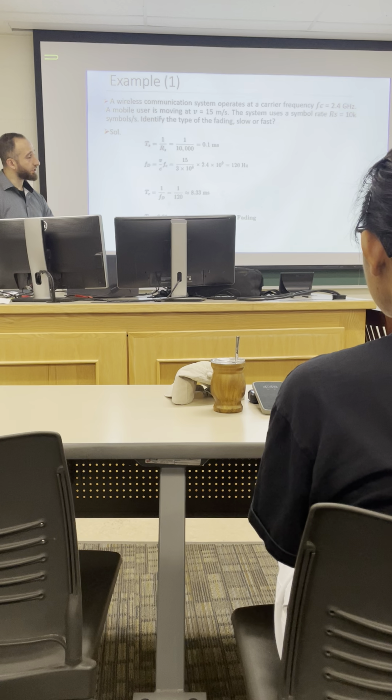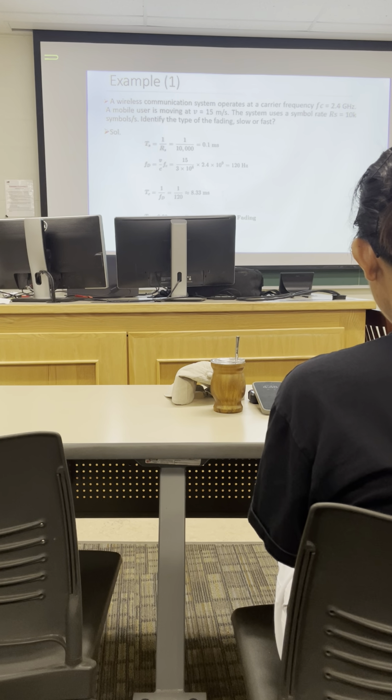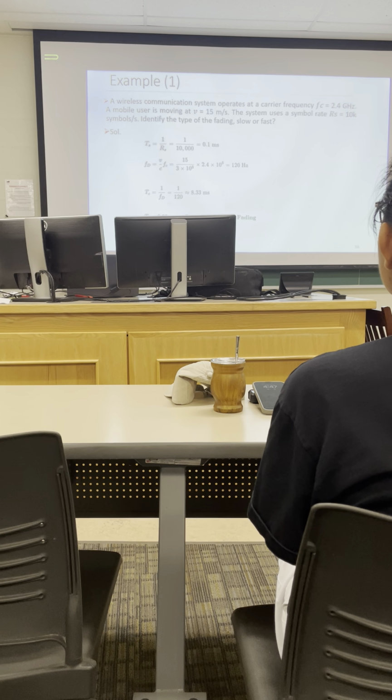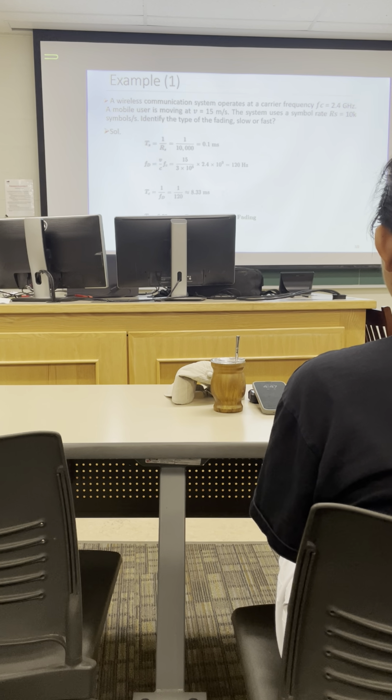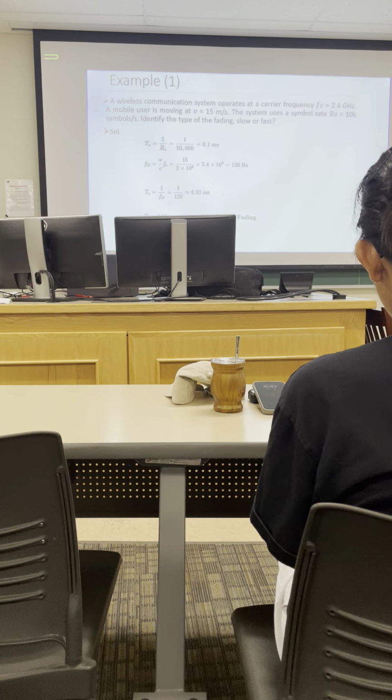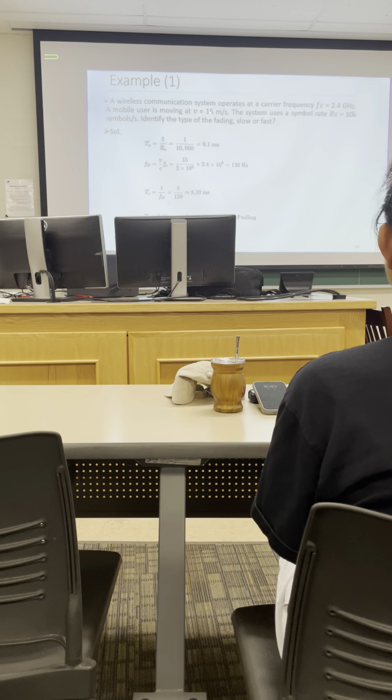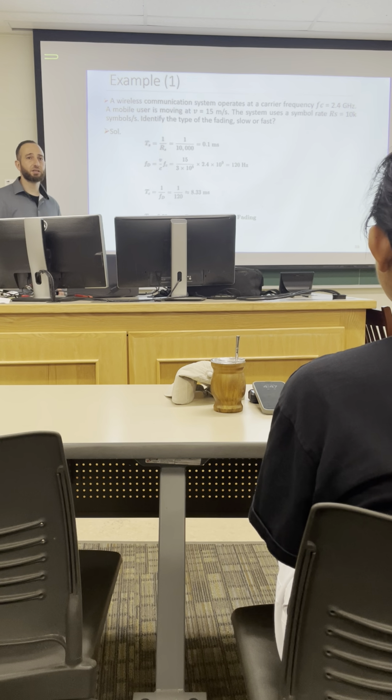Okay, so let's finish this lecture with the following two examples. I have a wireless communication system that operates at a carrier frequency of 2.4 gigahertz. And I have a mobile user moving with a speed of 15 meters per second.